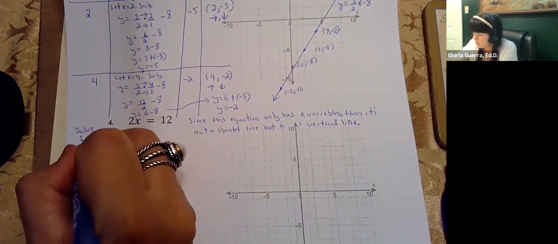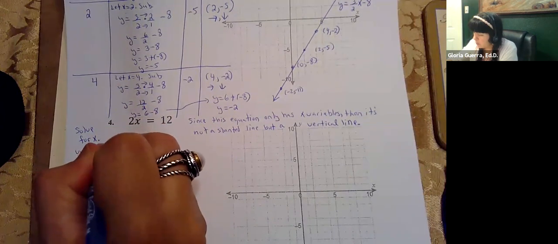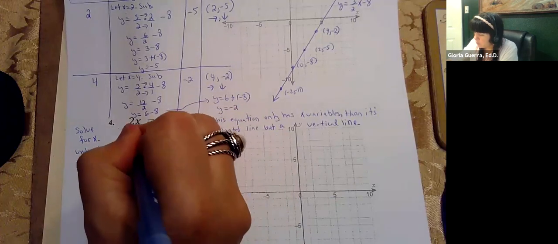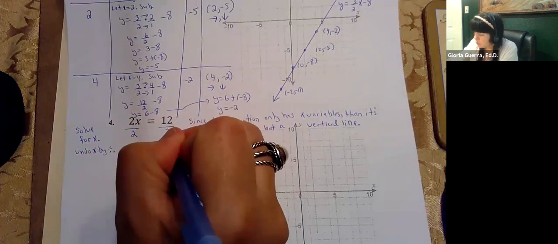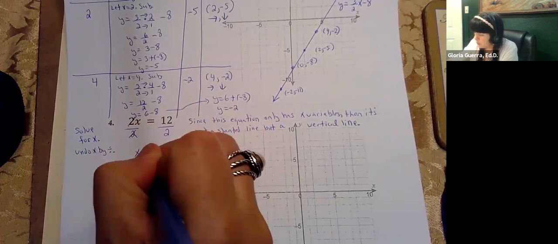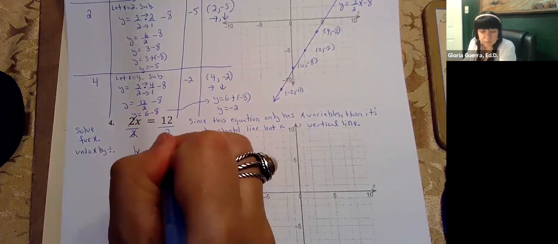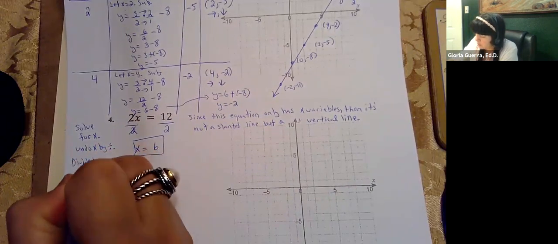In math, we undo times by division. So you want to divide by 2. And 12 divided by 2 is 6. Okay, so you want to divide by the coefficient 2.